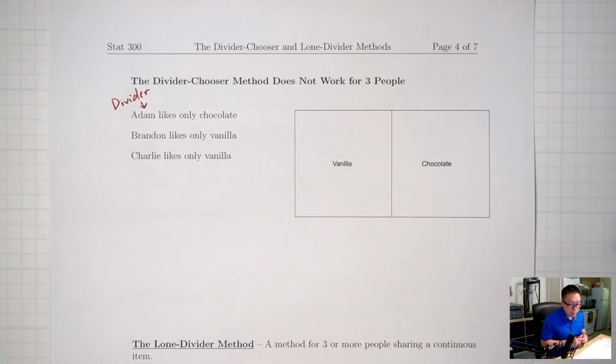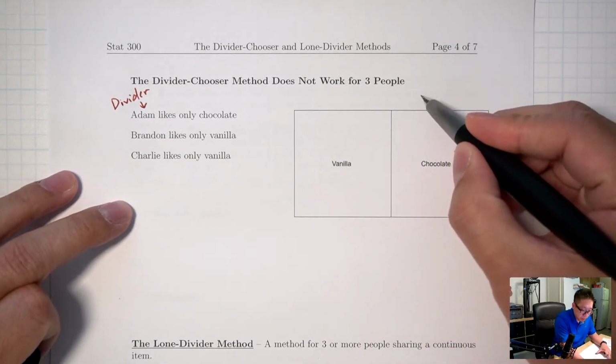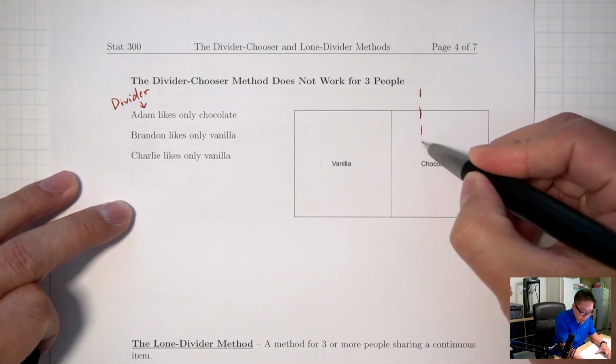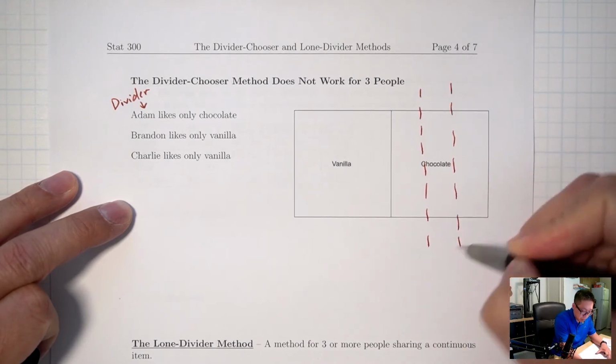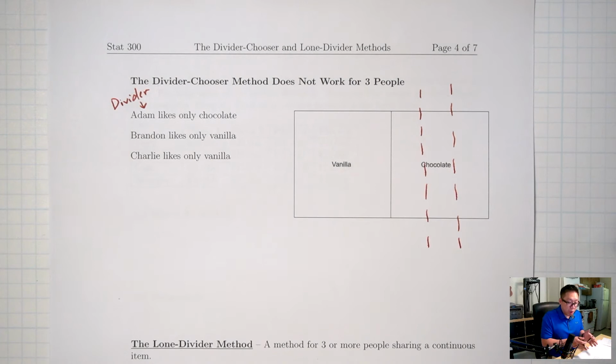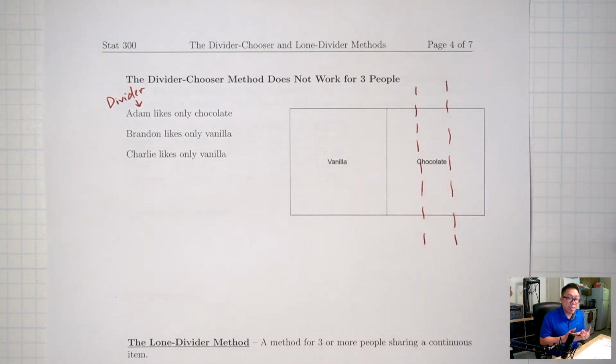So let's say he cuts it up like this. Right. He's tried really hard to cut up the chocolate into 3 equal pieces, right? So that no matter which piece he gets, he's guaranteed at least a third of the chocolate.